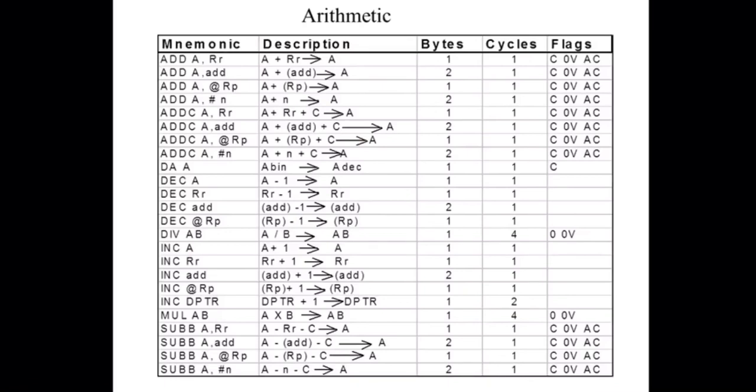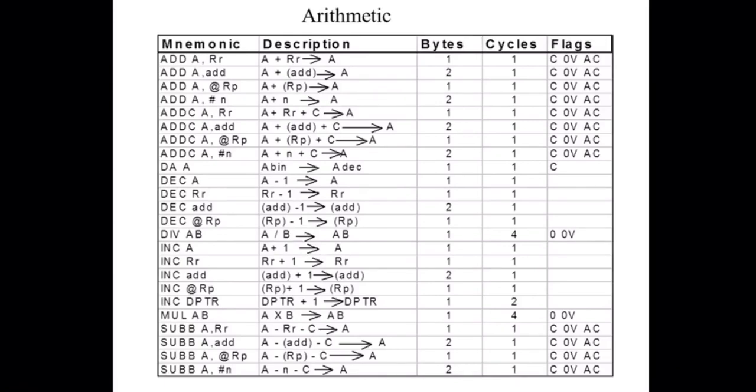DEC add, the address location value, is decremented by 1. And DEC @Rp. This instruction will decrement the address location value which is indirectly represented through the pointer register R0 or R1.